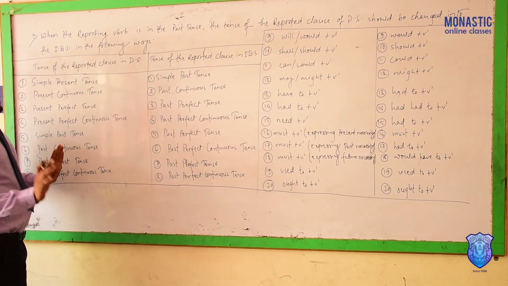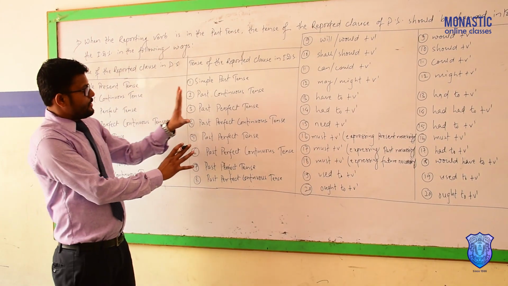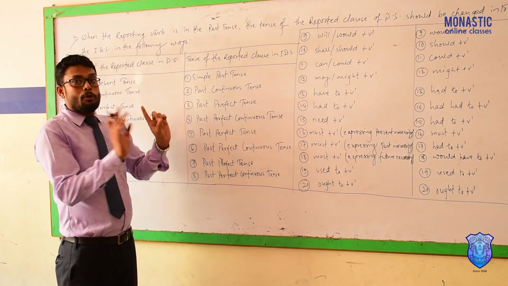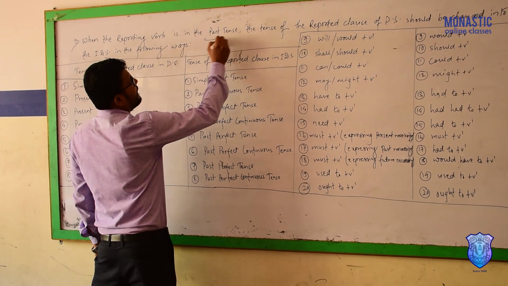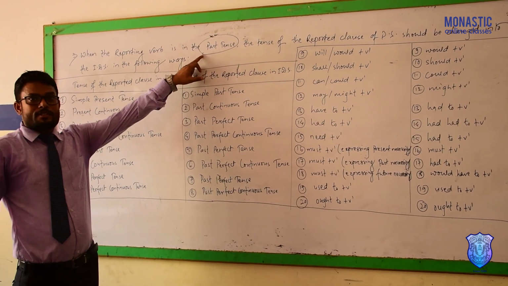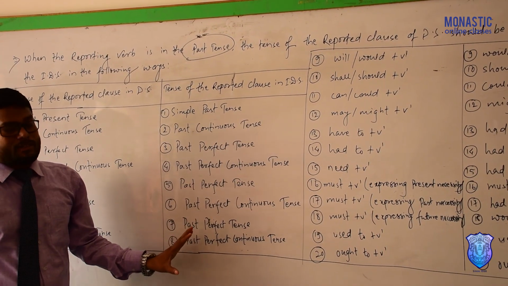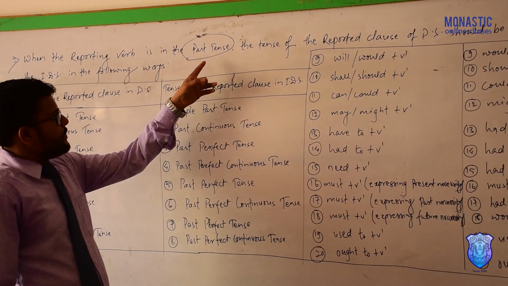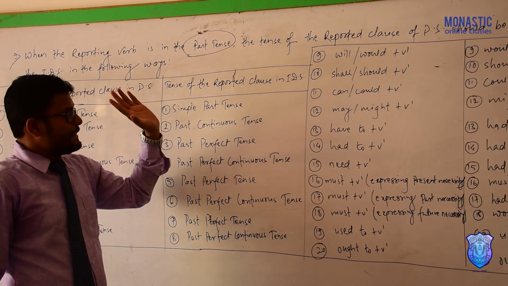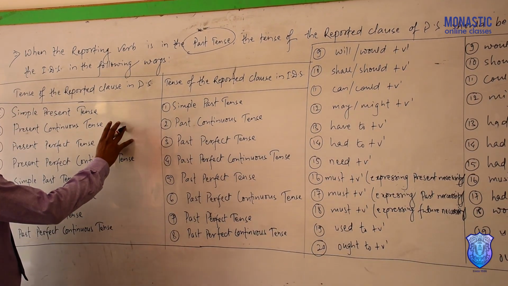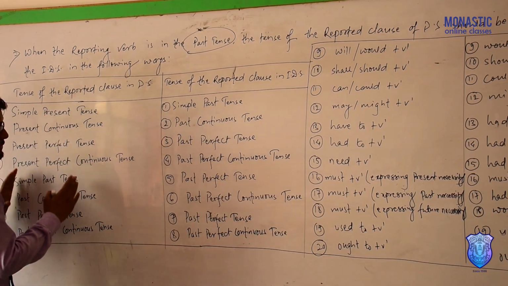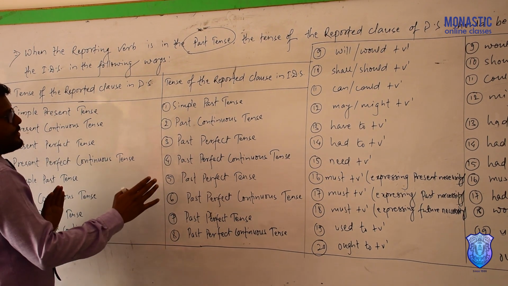But be careful, we can change the tense of the reported clause into the indirect speech only when the reporting verb is in the past tense. If the reporting verb is in the present tense, we are not allowed to change the tense. But when we find that the reporting verb of the DS is in the past tense, at the moment we should change the tense of the reported clause into the indirect speech in this way.